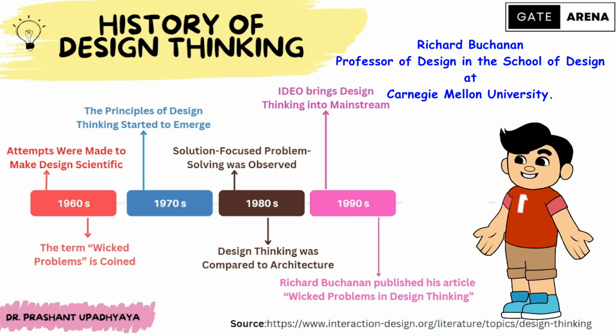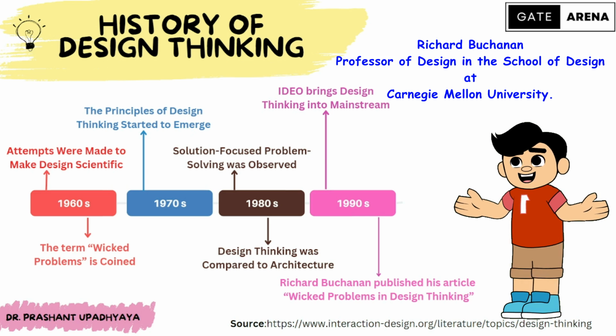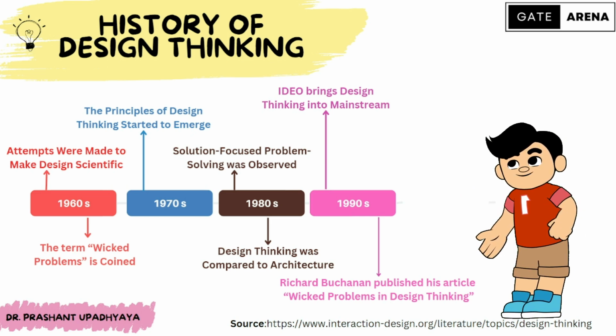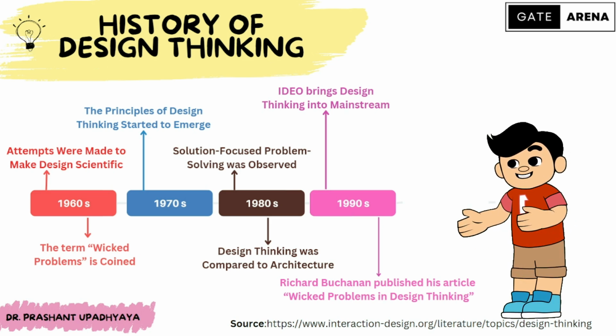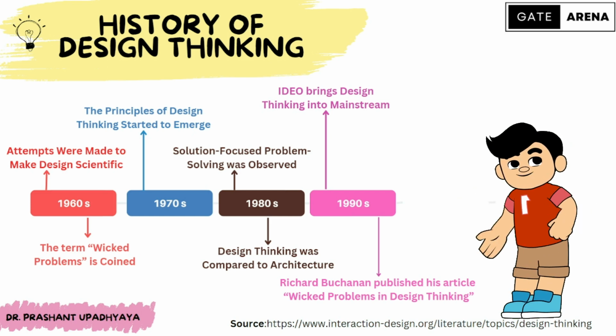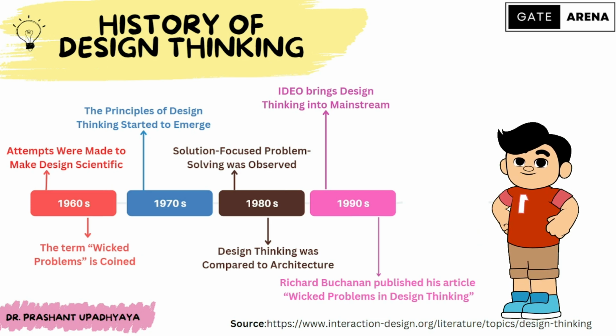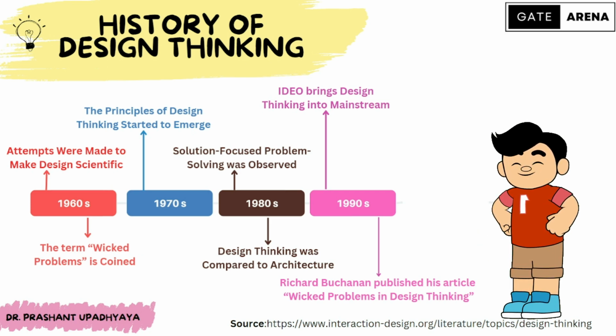In 1992, Richard, who was the head of design at Carnegie Mellon University, published his article Wicked Problems in Design Thinking, where he discussed the origin of design thinking and focused on how the sciences developed over time to become more and more cut off from each other.